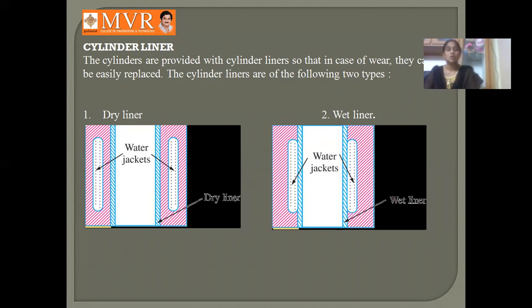It is called boundary film lubrication. Next, zero film lubrication. Zero film lubrication means between the lubricant part and the bearing, there is no space. It is called zero film lubrication.